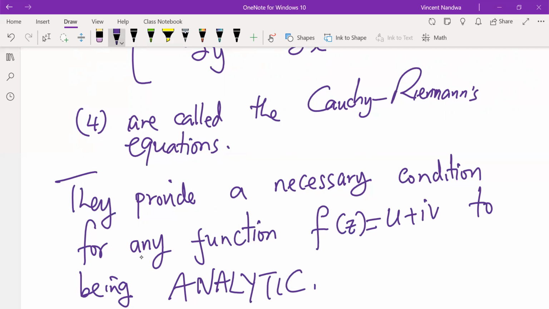So simply, what that means is that for f of z to be analytic, the two Cauchy-Riemann equations must be satisfied. We'll be proving the analyticity of functions in the next session. But that's how we prove the Cauchy-Riemann equations.